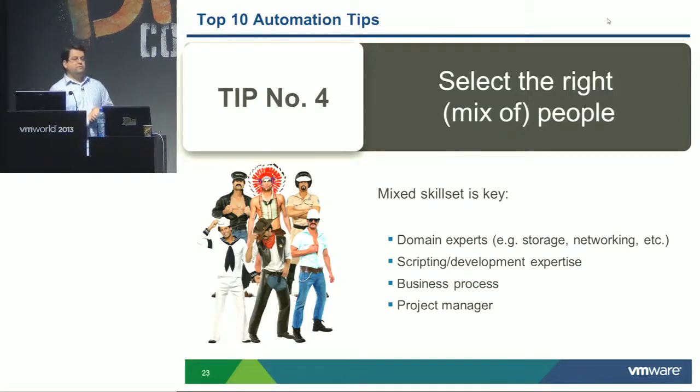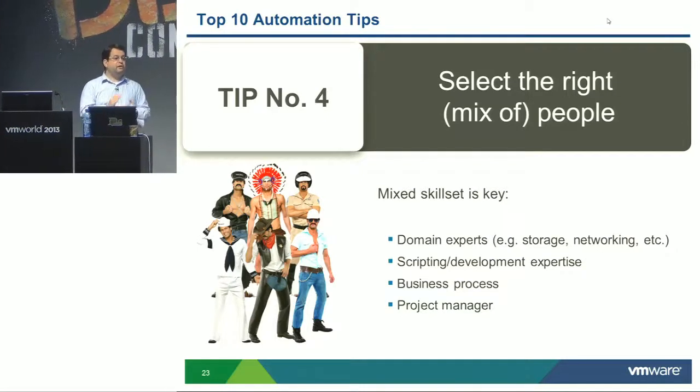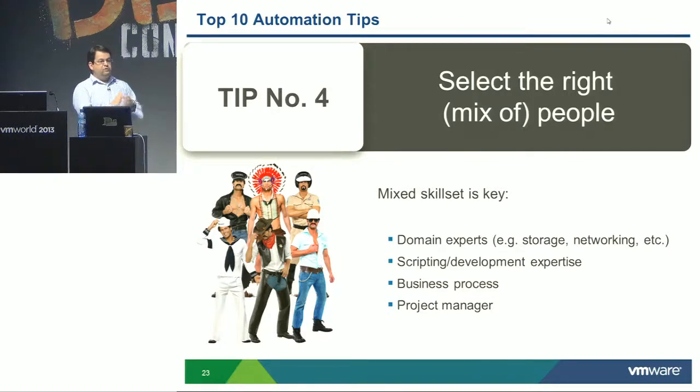But you also want a few people with some scripting or development experience. If you do end-to-end automation of your data center, you are going to run into some arcane or legacy systems where the APIs are not well documented or there's no easy access. So having those developer skills on your team becomes very handy.